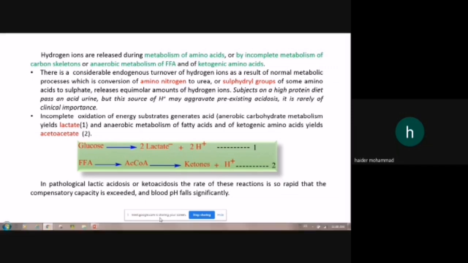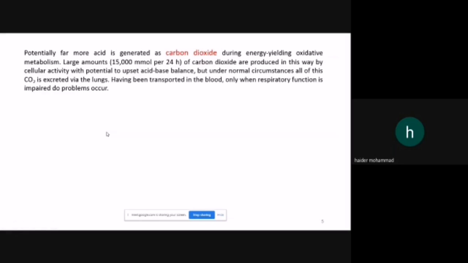Okay, after we have the sources of the hydrogen ions: the first one, we said, is the metabolism of the amino acids, the incomplete oxidation of the carbohydrate, the anaerobic metabolism of the free fatty acid, and the anaerobic metabolism of the ketogenic acid.